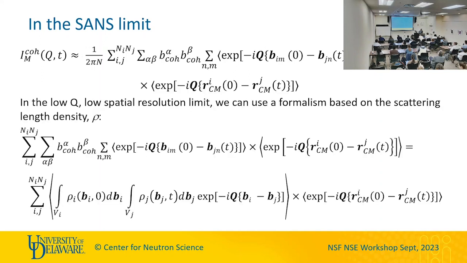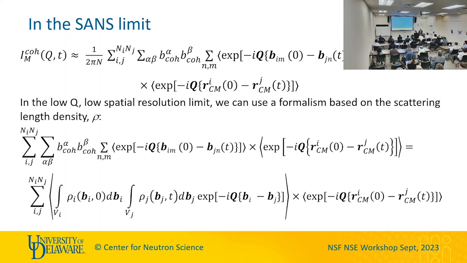Now, the crucial part is that now that I have separated a part of my equation that relates to the relative position to the center of mass, I can use the formalism that is being used in SANS. I'm in the low resolution limit.